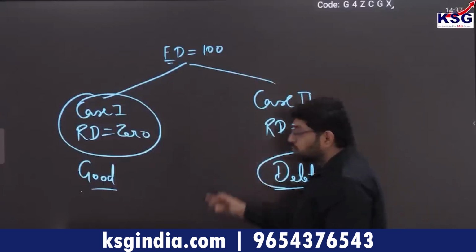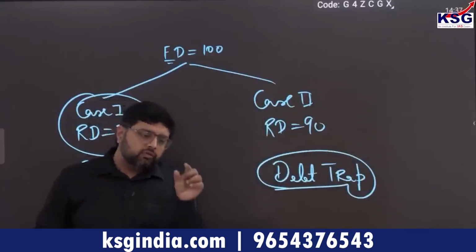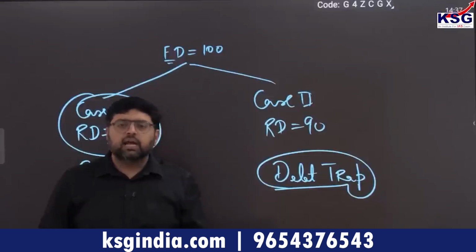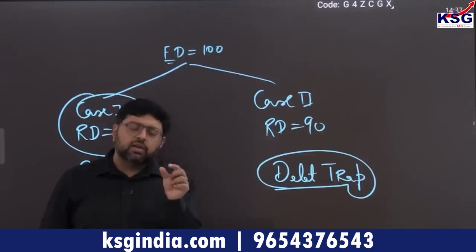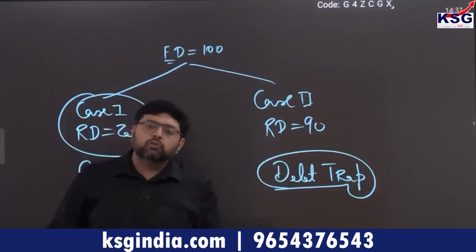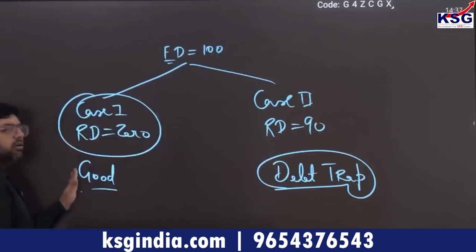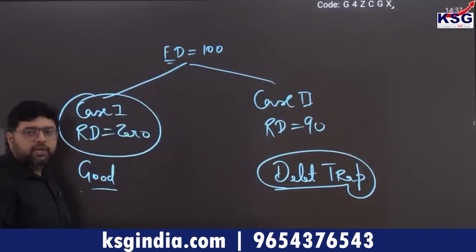Now when we talk about the FRBM Act in today's class, you will see that the government has set the target to achieve FD at 3% of GDP and RD at 0. RD must be 0, which means you must have enough revenue receipts for your revenue expenditure.